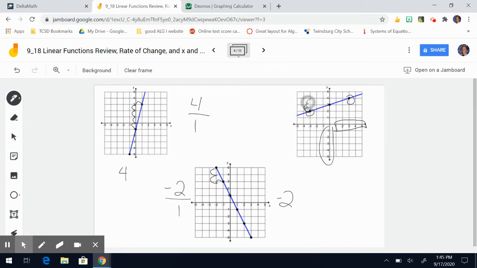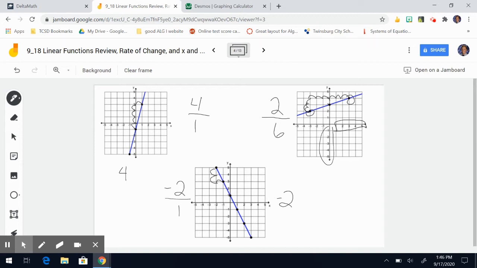So we go 1, 2 hops up, because the rate of change is always the y values over the x values. So we go up 2 divided by 1, 2, 3, 4, 5, 6 to the right. And I know I skipped over one, but I just want to show you that if you do, it's not that big of a deal because we're going to simplify at this step right here.